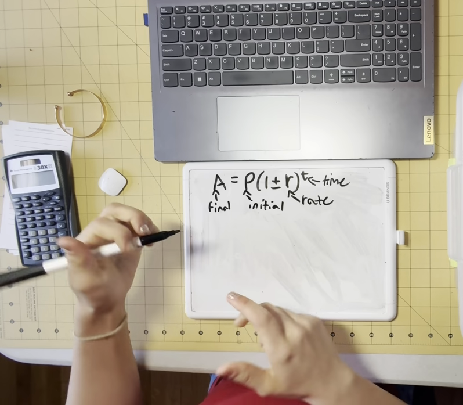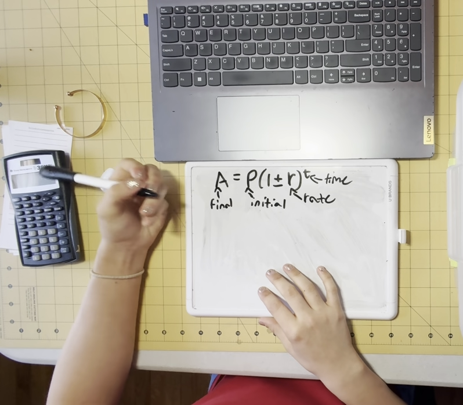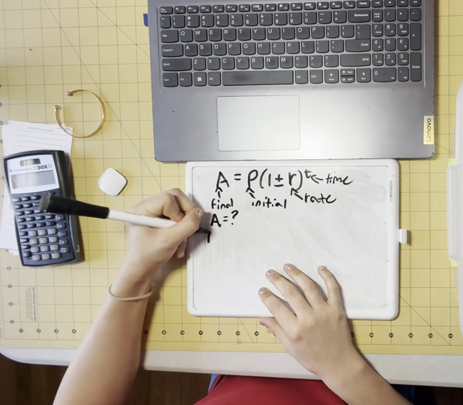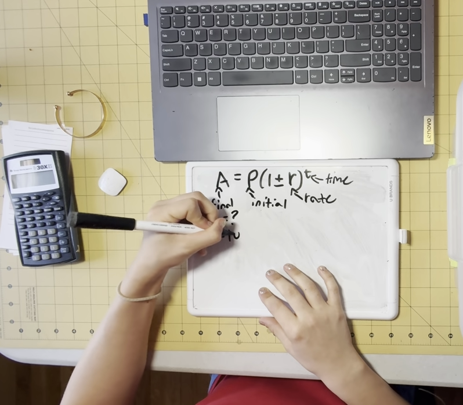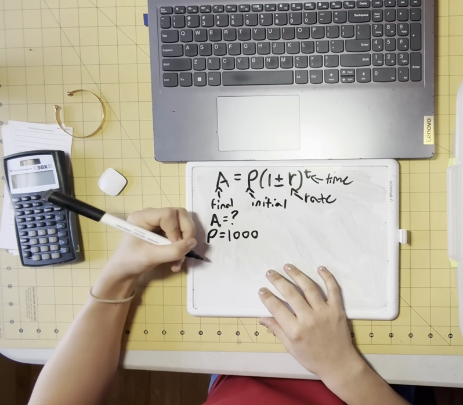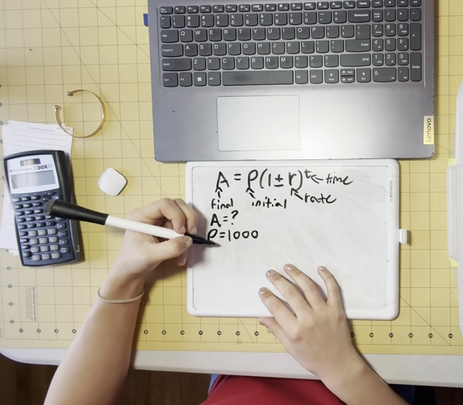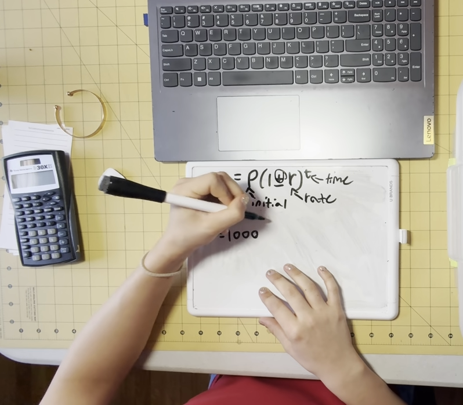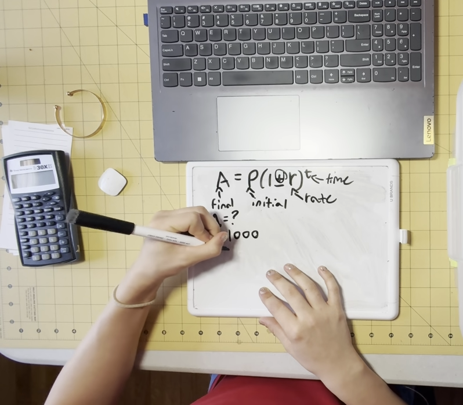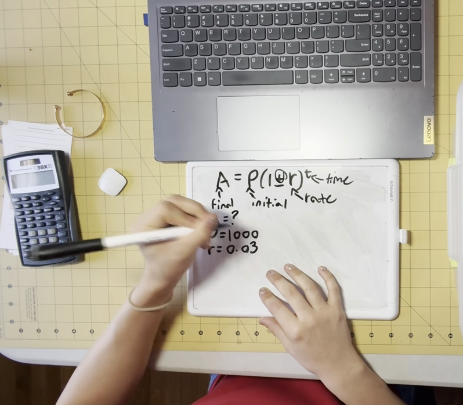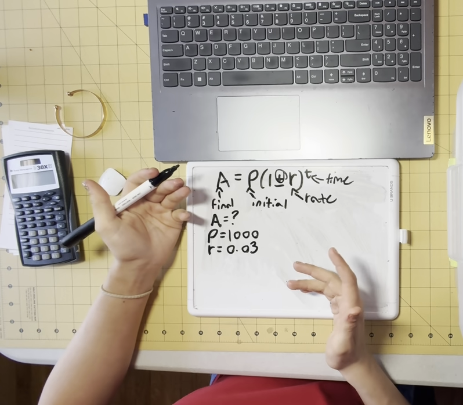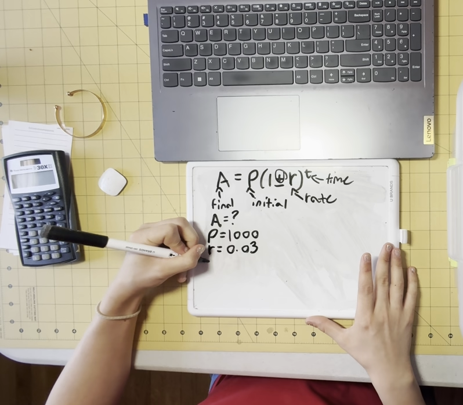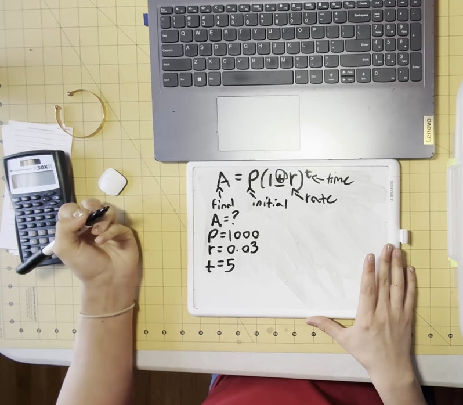So the values that we have are, we don't know A, so we need to find A. P, or our initial value, is going to be 1,000 people, and we're increasing, so we're going to use a plus, right? So I would mark that our rate of increase is 0.03. You can write it as a percent, but this is how you write it as a decimal, which ultimately will make it easier. And then the time is going to be 5.